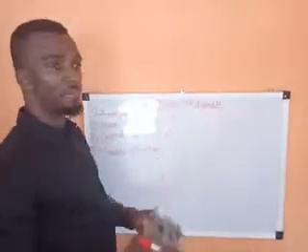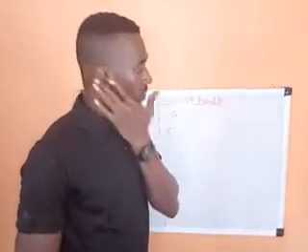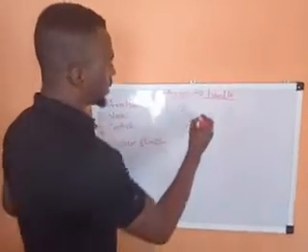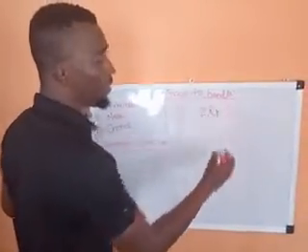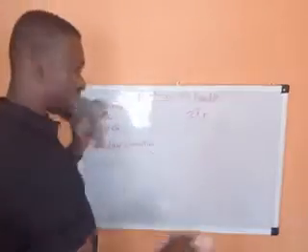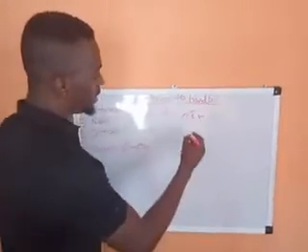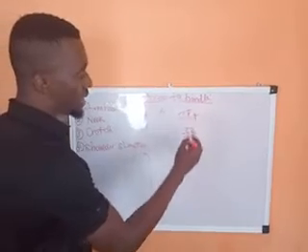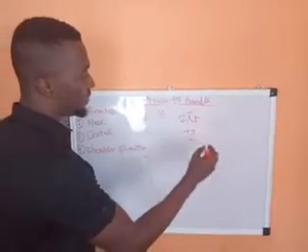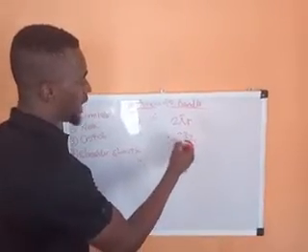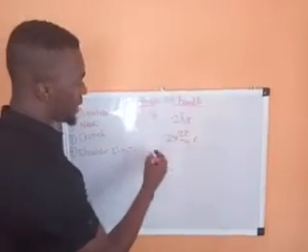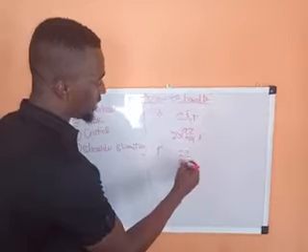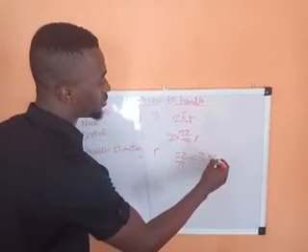Now we have a formula for the circumference of a circle. For those of us that did maths, the formula is 2 pi r. Now this pi is a Greek symbol, which means 22 over 7. So when you do your calculation very well, you will have 2 times 22 over 7 times r. Now 22 over 7 will give us 3.142.